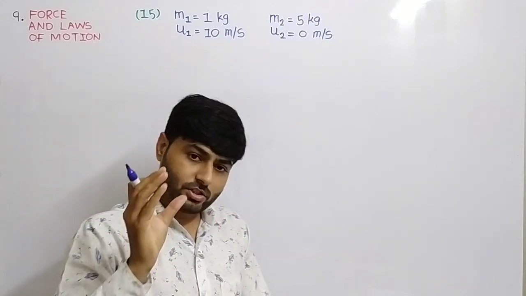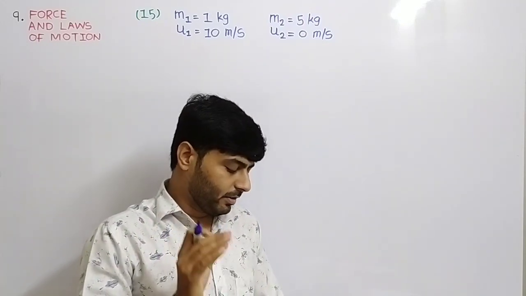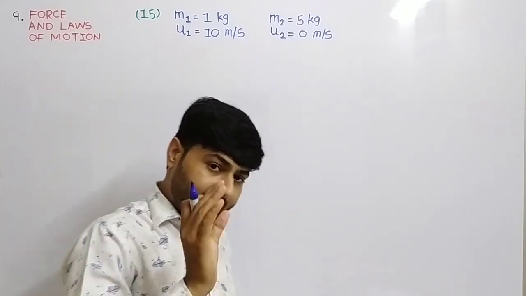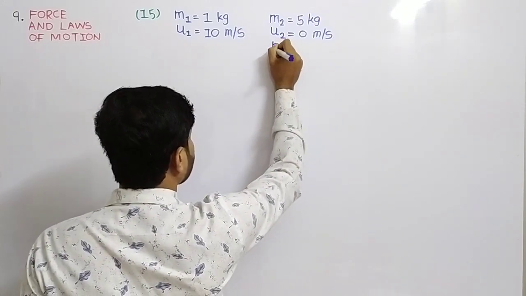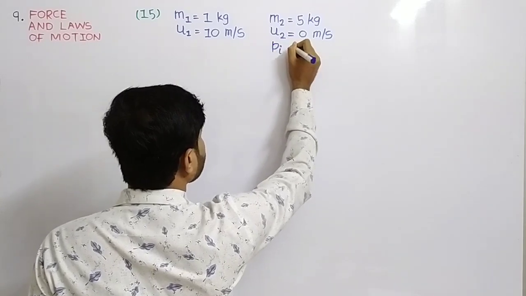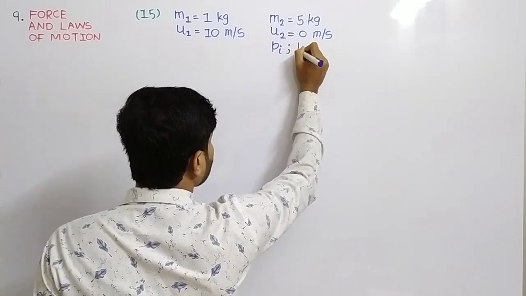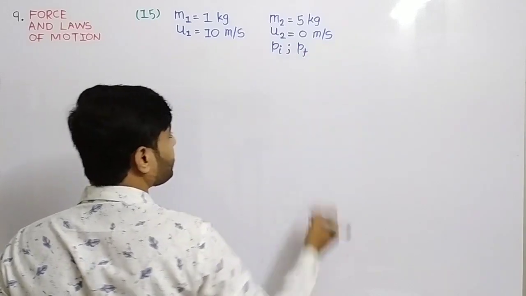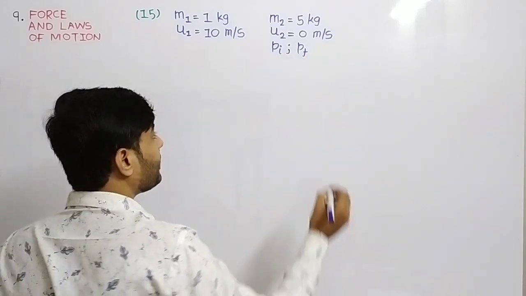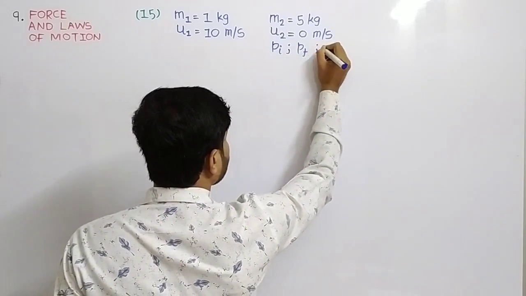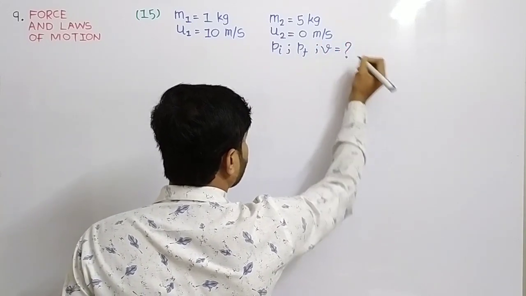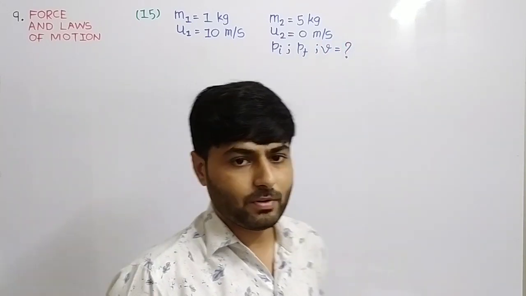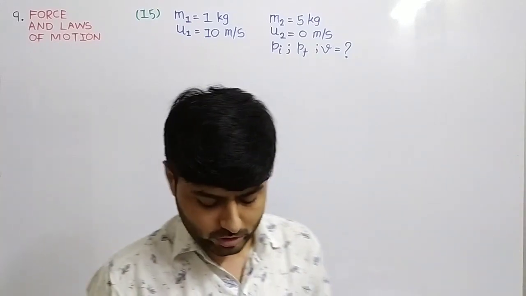Now they stick together and we have to find the initial total momentum. So I will write initial momentum as p i, as well as final momentum, as well as the velocity after impact. We have to find three quantities here. Which three?